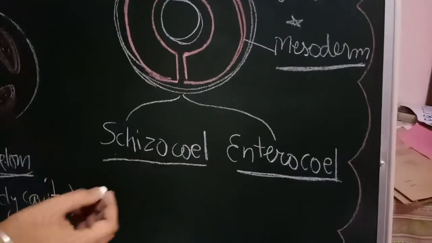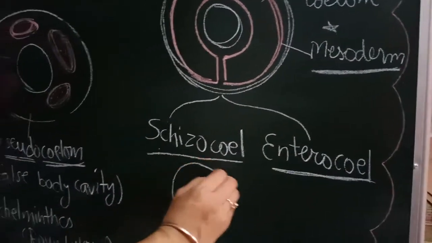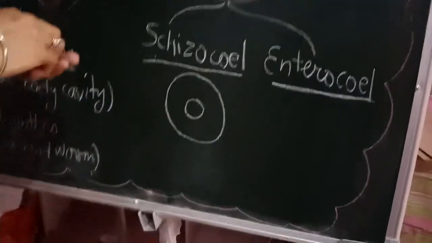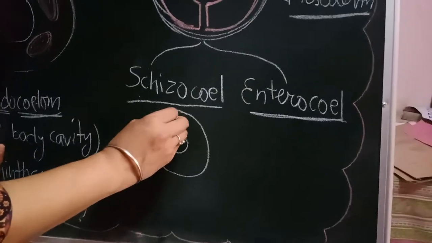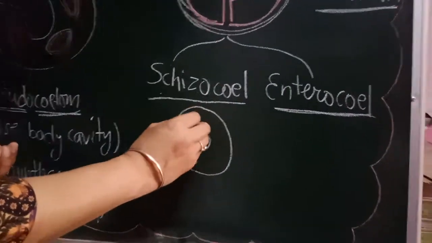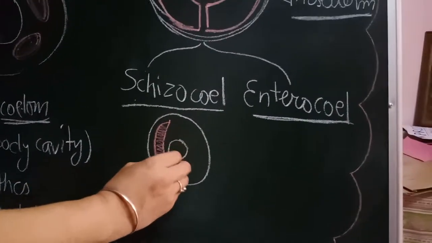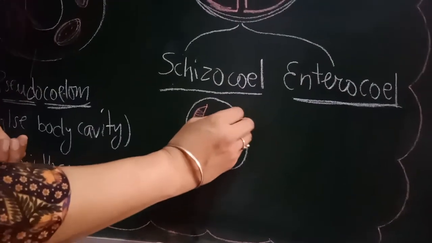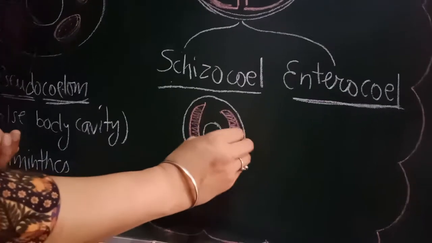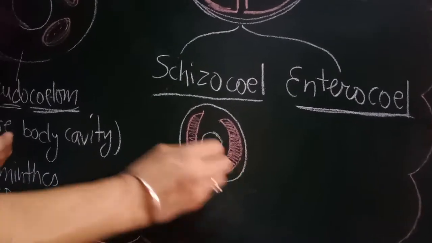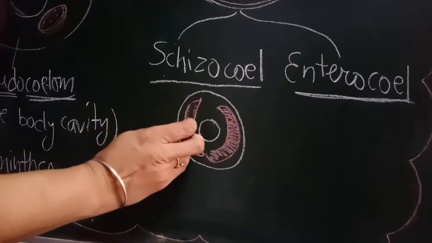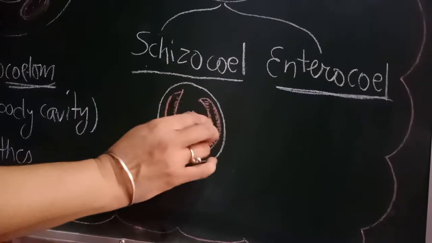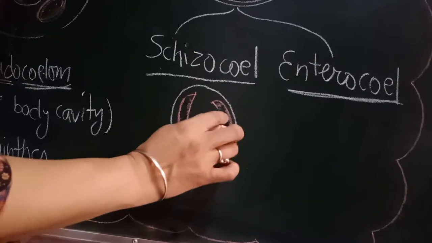In schizocele, the cavity is there, ectoderm, endoderm, and there appear two pouches of mesoderm around the ectoderm and endoderm, and then there occurs splitting of this piece of mesodermal tissue.